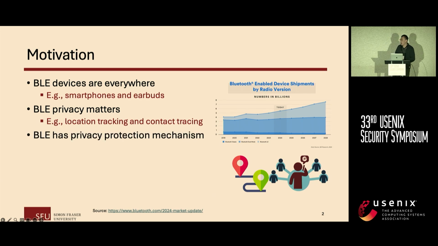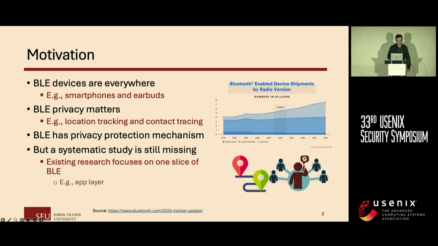BLE itself has also provided privacy protection mechanisms like the MAC address randomization mechanism. However, existing research on BLE privacy focuses on only one slice of BLE, and a systematic study is still missing.